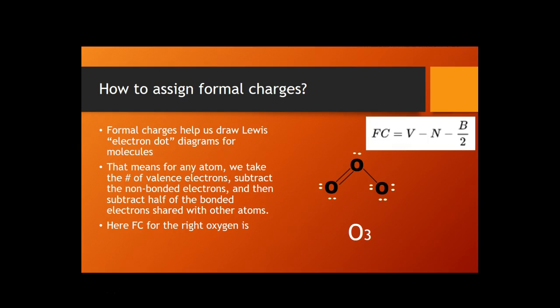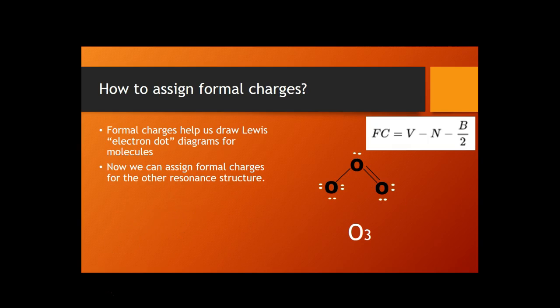And finally, let's do the right-hand oxygen. 6 total valence electrons, and there are 6 electrons here in the 3 lone pairs. We then subtract half of the 2 electrons in the bond, and we get overall a -1 formal charge on the right oxygen.